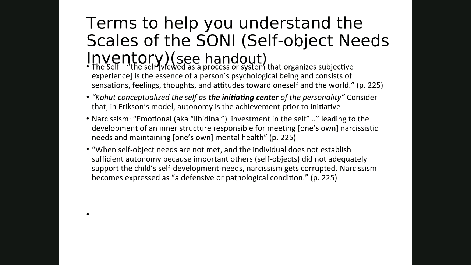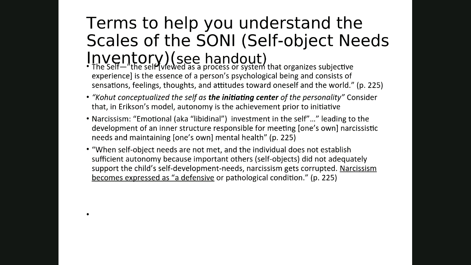Now, when self-object needs aren't met, either in early childhood or subsequently, later in life, and the individual does not establish sufficient autonomy, narcissism gets corrupted, and the narcissism becomes expressed as a defensive or pathological condition.